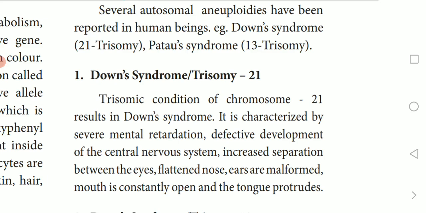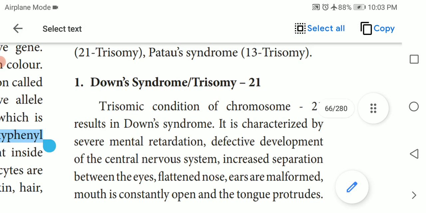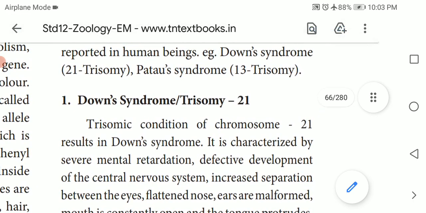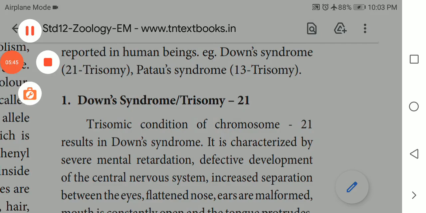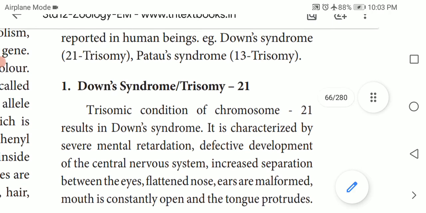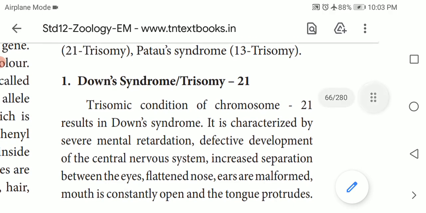Down syndrome is trisomy 21, where the defect occurs at the 21st chromosome, and in Patau syndrome the defect occurs at chromosome 13. First, we'll see Down syndrome. It is also called trisomy 21. The trisomic condition of chromosome 21 results in Down syndrome.